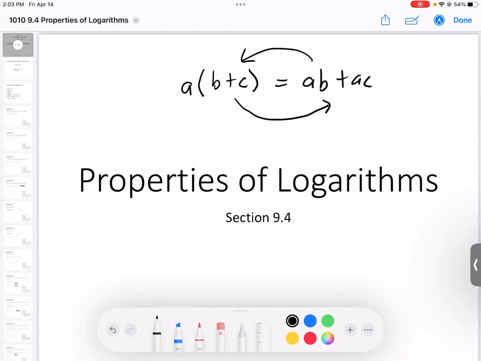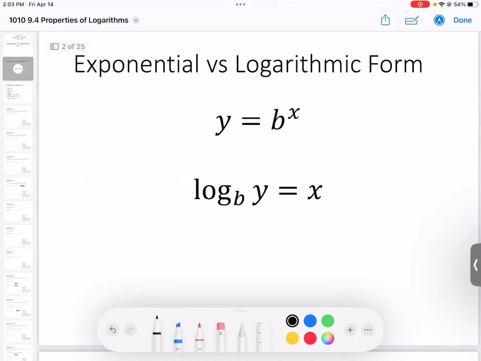Okay, so just as a reminder of what a logarithm is, logarithms have bases, and the question that a logarithm is asking is basically, what exponent do you raise this base to make it equal the argument y? So this number in the logarithm is called the argument, and the logarithm calculation figures out what exponent b needs to be raised to make it equal y.